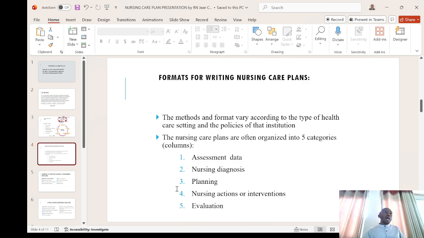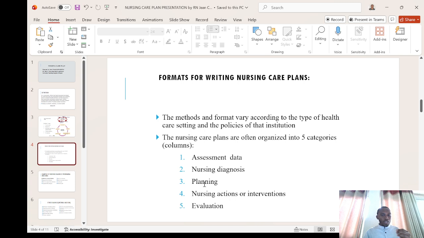So how should a nursing care plan look? What is the format of it? The format may vary according to the institutions, and each institution may adopt its own way of doing it, but there are main columns that should not be missed while preparing a nursing care plan. The first one is the assessment column, where we have said there is subjective and objective data. There is the nursing diagnosis column, where we show the problem, which should be an actual or potential problem.